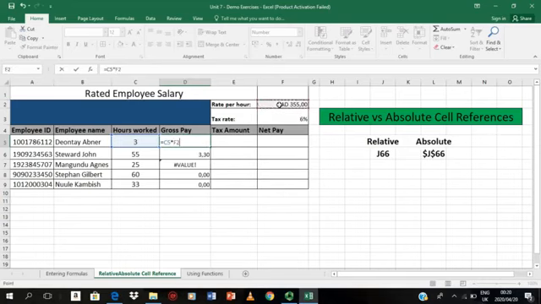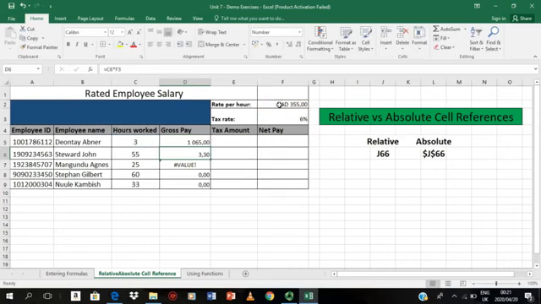We click on the constant, the value that we want to keep constant. Then we press F4 on our keyboard. Doing that gives us an absolute cell address that is $F$2, which means neither the column F nor the row 2 should change throughout our calculations.